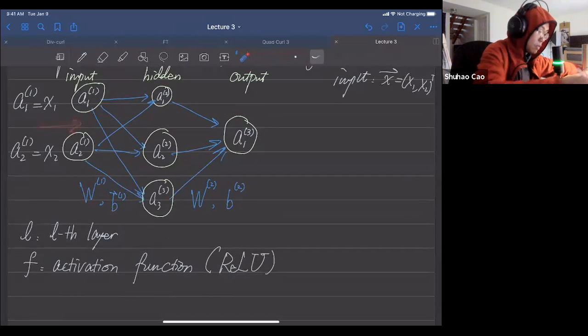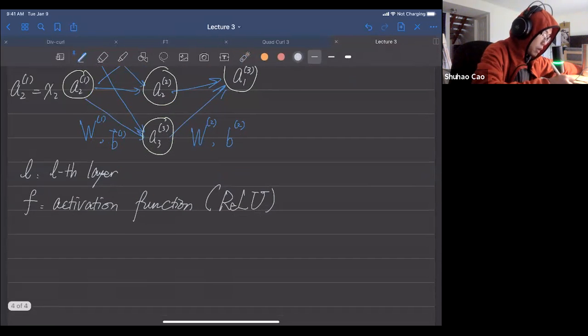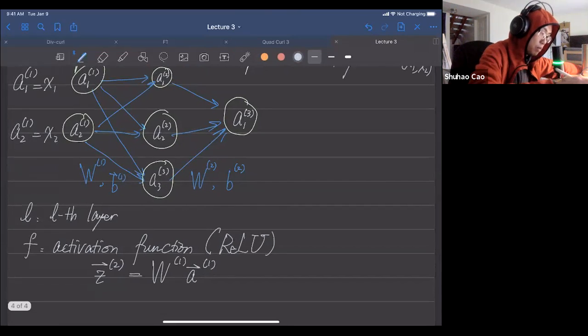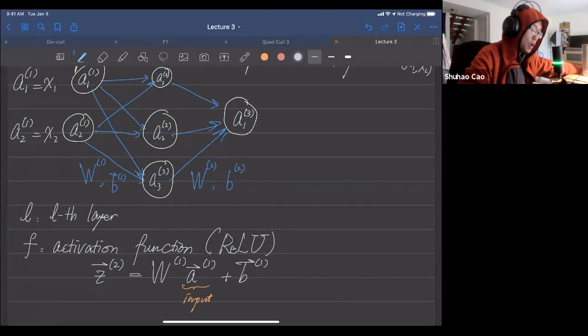So Z2 is the first layer's weight multiplied with our input vector, and then we add the bias vector, which is B1.